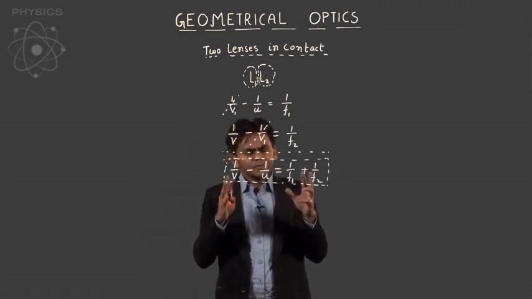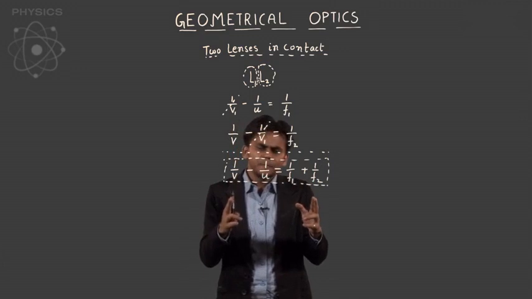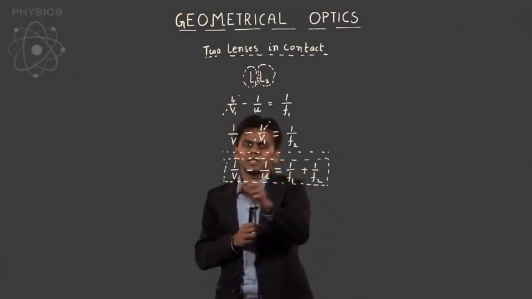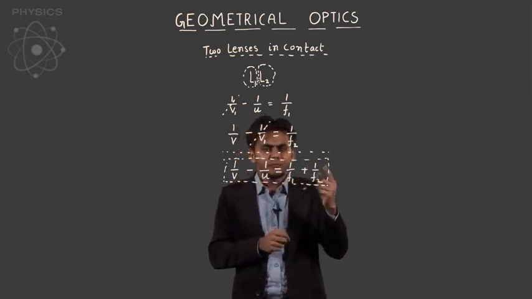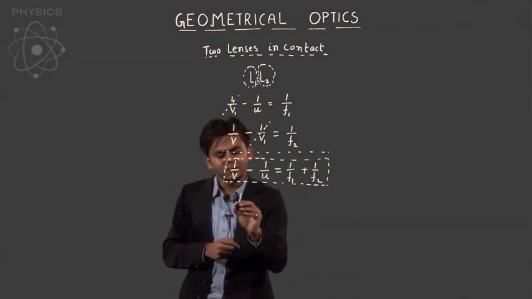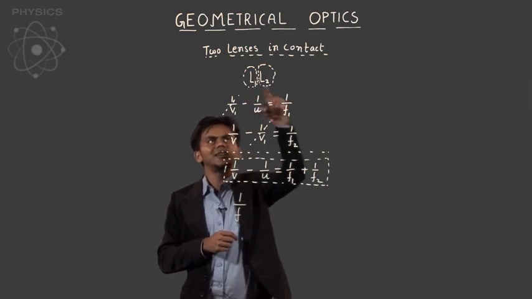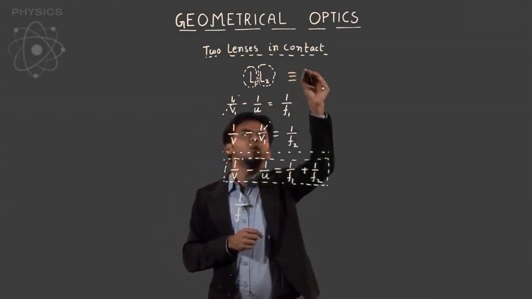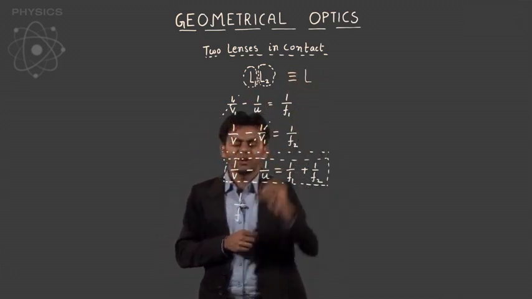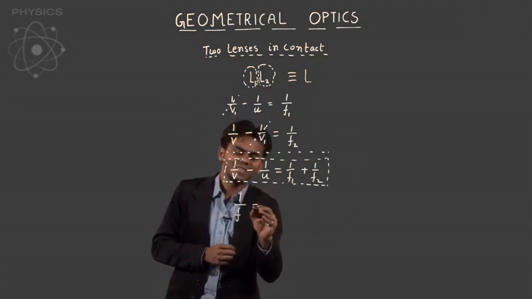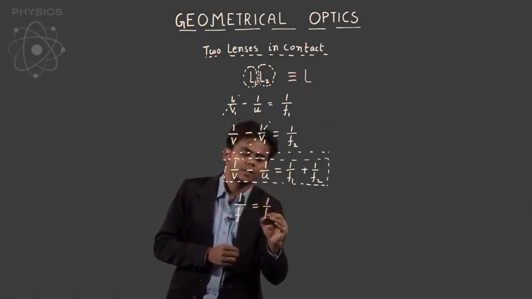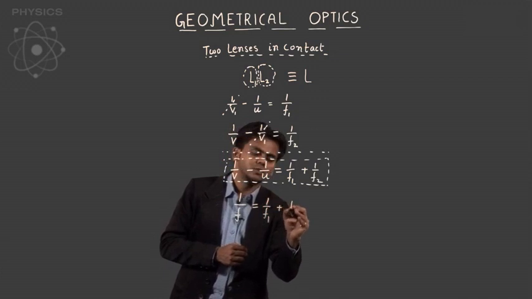Now what happens over here is, I know that the lens formula is 1 by V minus 1 by U is equal to 1 by F, which means I can replace this combination of lenses L1, L2 with one lens of focal length F if that is equal to this relation.